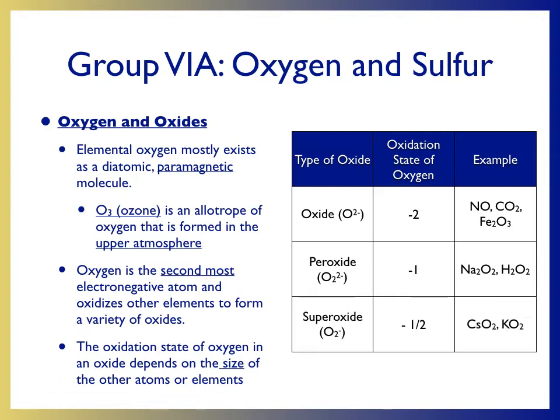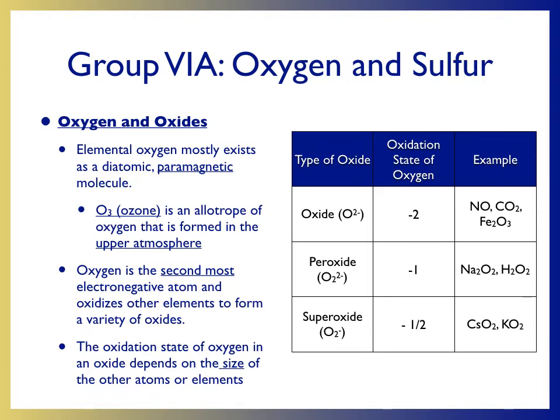Finally, larger atoms tend to form superoxides with oxygen. The superoxide ion is O2-. This means that each oxygen atom has a -1/2 oxidation state, which may seem very weird. However, you need to recognize that oxidation states are merely bookkeeping devices that we use to track redox chemistry.